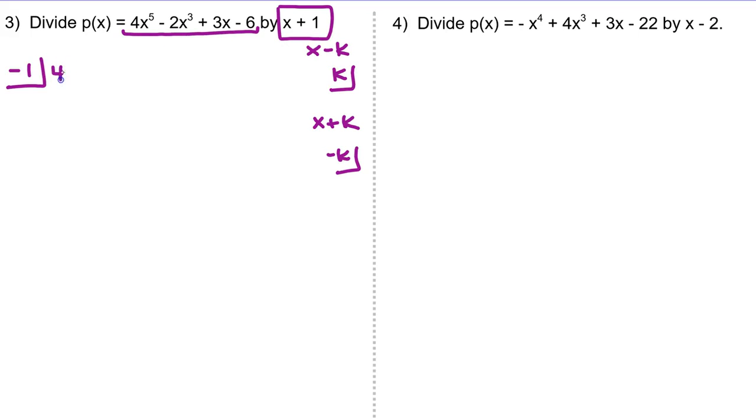So we have 4x to the 5th, and then we have 0x to the 4th, then we have -2x cubed, then we have 0x squared, then we have 3x, and then we have -6 for the constant. So now it's set up, and what we do is we drop the first number, so we bring down the 4. 4 times the number in the box, that's -4, you write it down, and then you add the column.